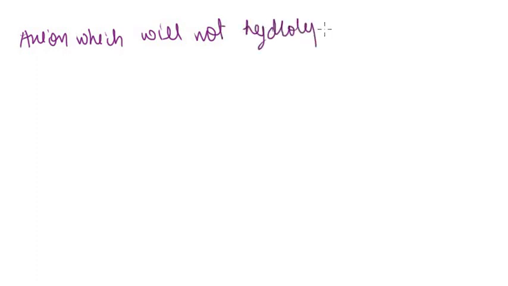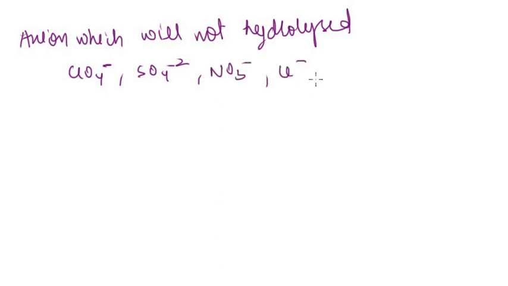The anions which will not hydrolyze are ClO4 negative, SO4 negative 2, NO3 negative, Cl negative, Br negative and I negative. These are all anions of strong acids, and they will not be hydrolyzed.